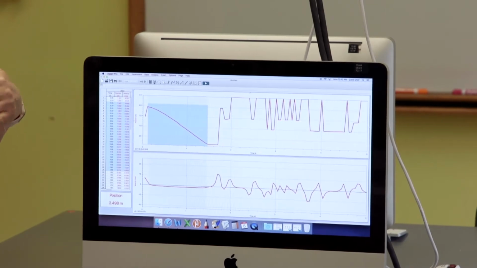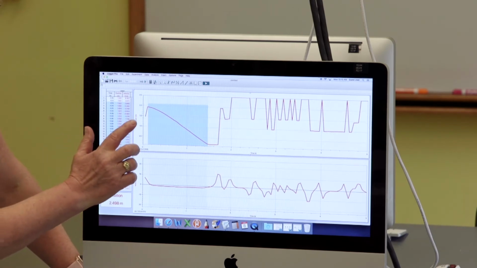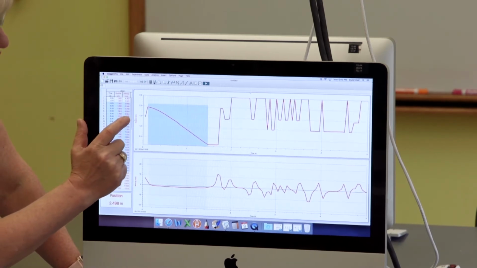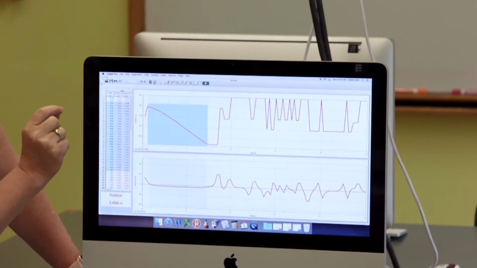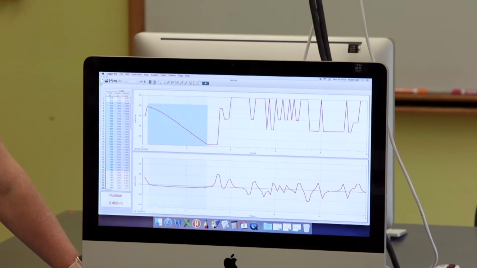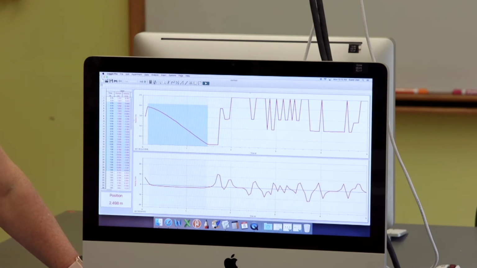Based on the discussion that we did at the beginning, I would like you to find out from what moment to what moment the object is accelerating, and from what moment to what moment the object is going through constant motion.